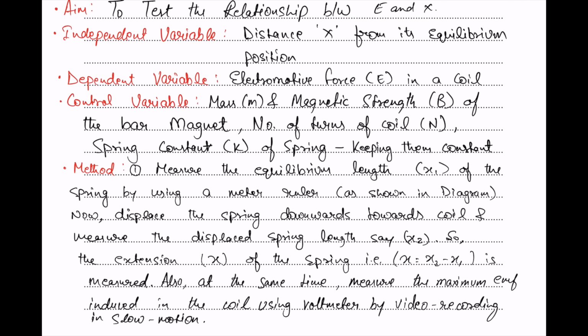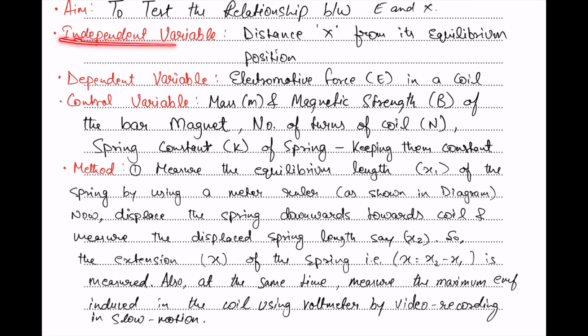Now first and foremost is your independent variable. The independent variable is your distance x from its equilibrium position, because in each and every step I will change the value of extension in the spring. So in each step I will take different readings by changing the value of x.